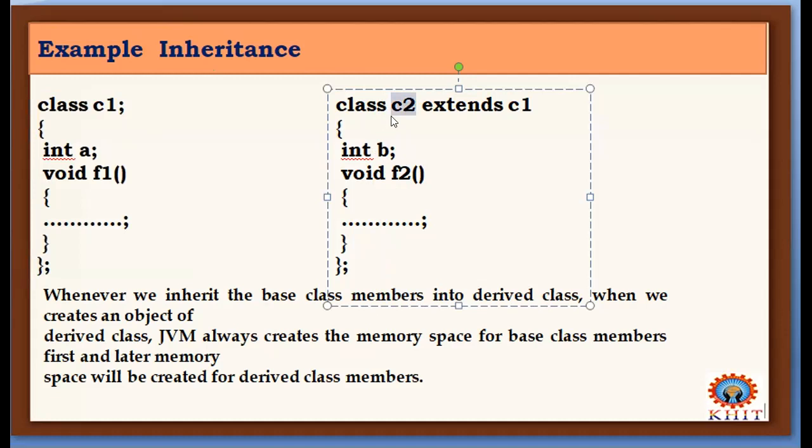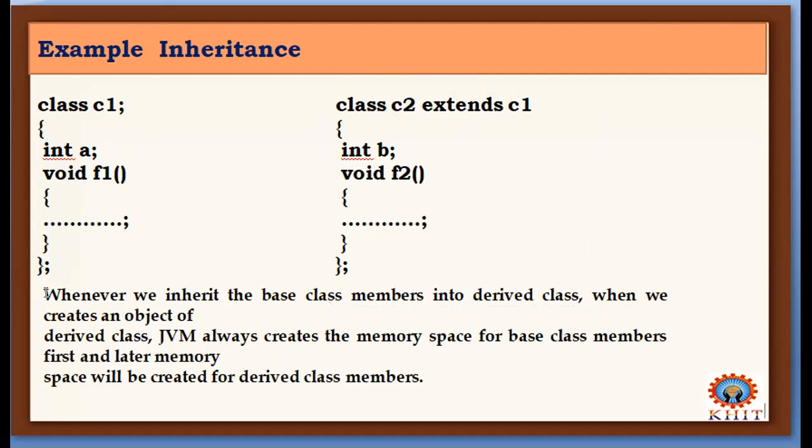You cannot use this b and f2 in C1. Okay, the variable b and method f2 should not be used in class 1. But everything from C1 can be used here, because C2 extends C1. It will get all the properties from C1.